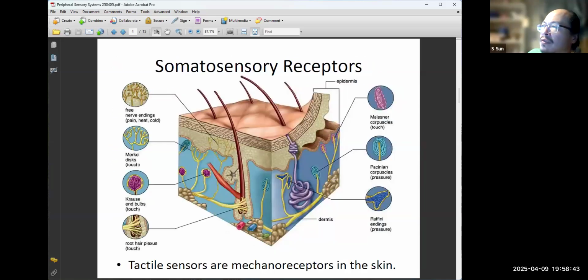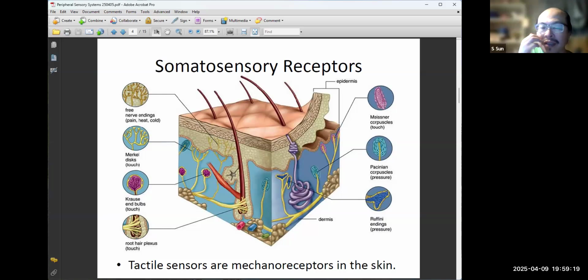So that's the skin. What I want to get your attention to is that in the skin we have many sensory receptors. Each one has a name, like Pacinian corpuscle, Meissner corpuscle, Ruffini endings. All of these have a unique function, that's why we need all of them. Some are sensitive to vibration. Some have an initial sensitivity but adapt very quickly.